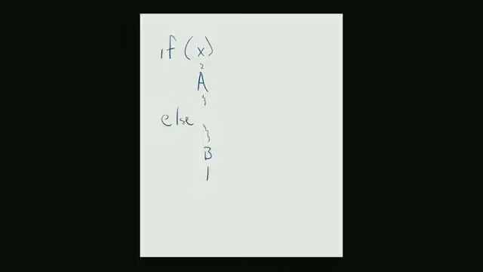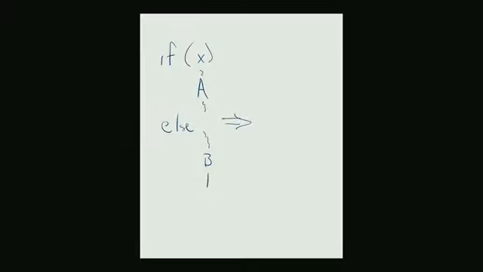So when this CUDA kernel gets compiled into code that's going to execute on the hardware, you can think of it as first we calculate X, and then there's some stuff to do A, and then there's some stuff to do B. Notice I didn't put any branches in here.